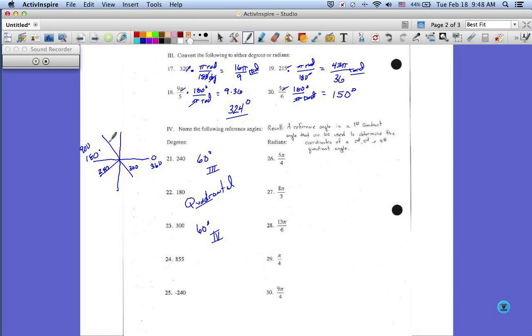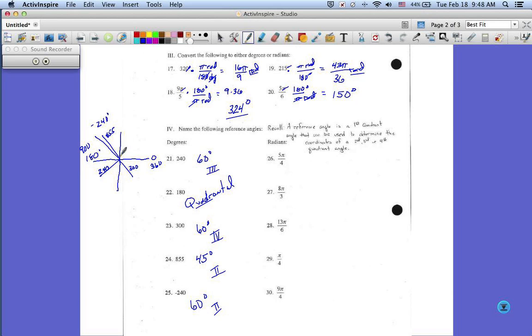Well, 855 is 45 away from 900 in quadrant 2. Negative 240, well, negative 180 and 60, there's negative 240, which is 60 degrees away and also in quadrant 2.